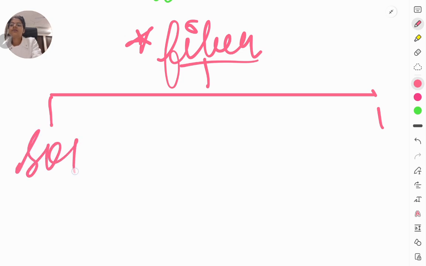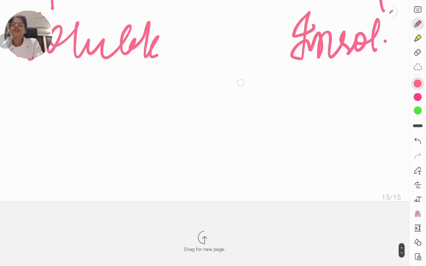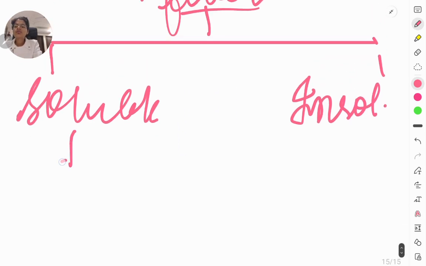One is soluble, another is insoluble. The soluble one would get mixed with water and form gel. Okay, while insoluble would swell up.